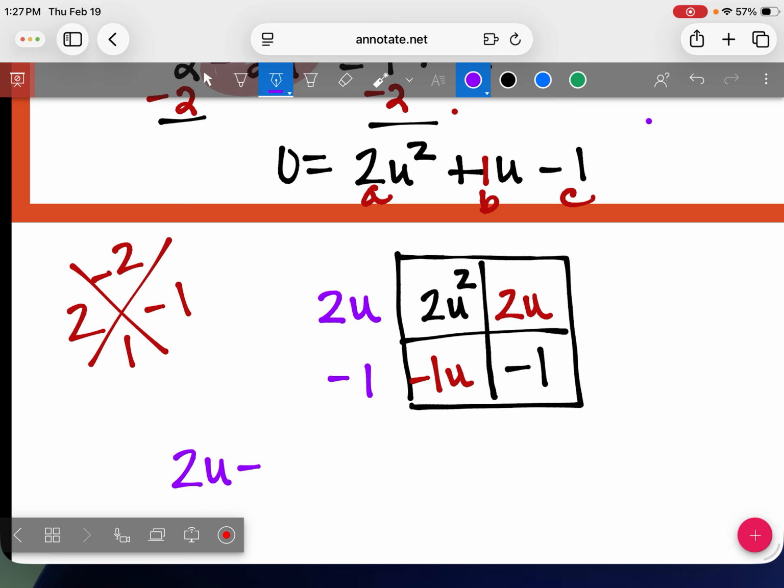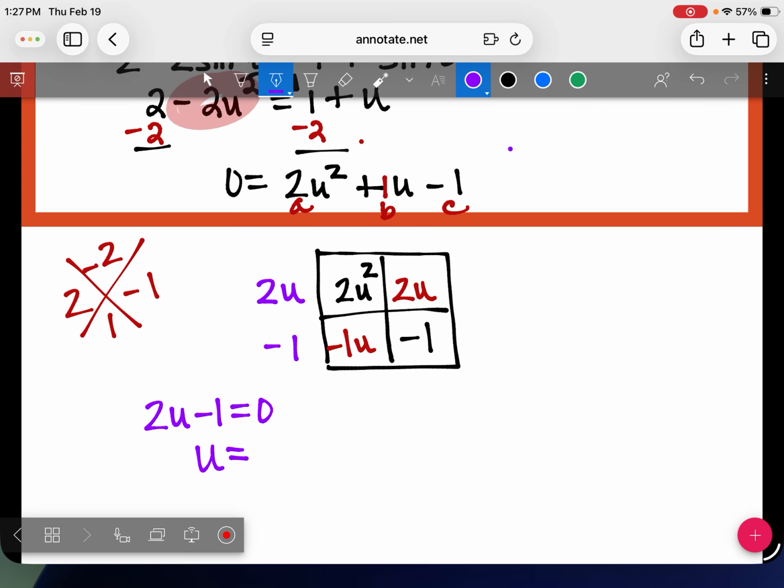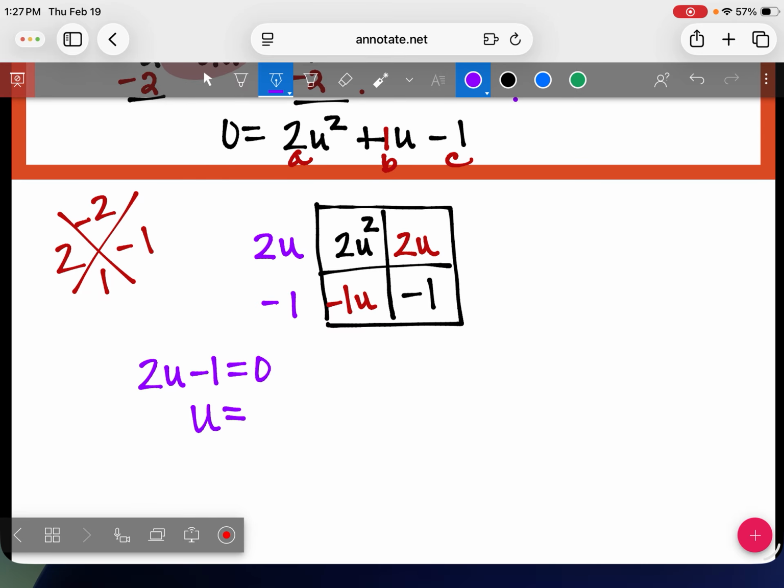So if 2u minus 1 equals 0, go ahead and solve that for u. Okay, back to our factoring. First column, I could take out a u. Second column, just a +1. So if u plus 1 equals 0, u equals -1.